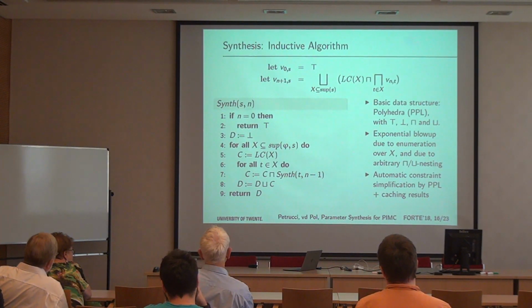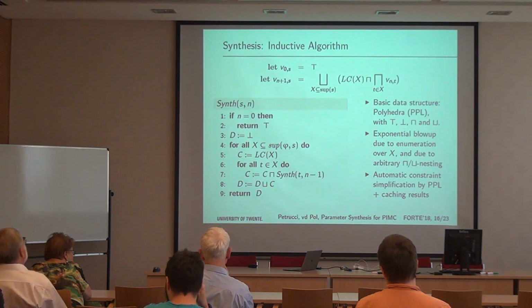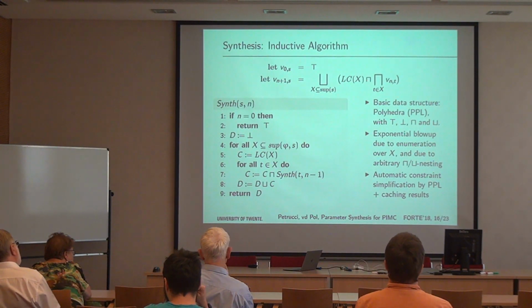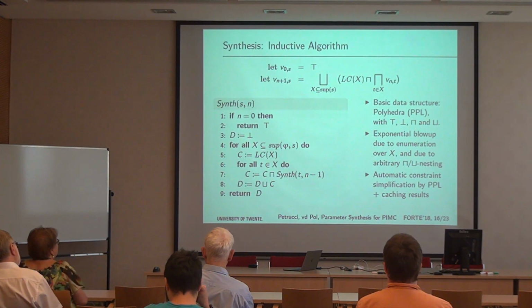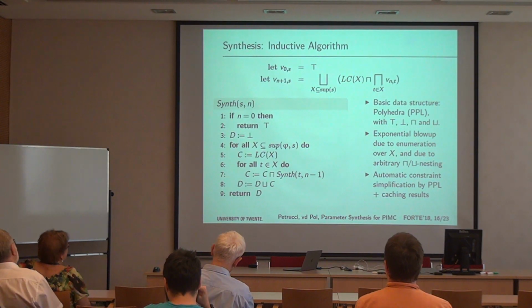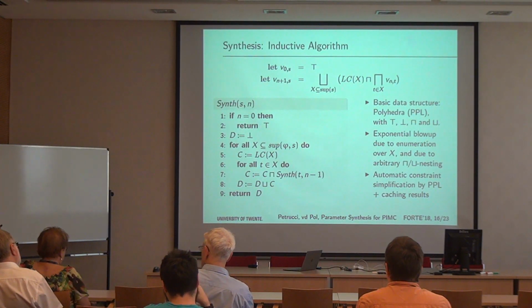And that leads to an exponential program. But in the implementation of this algorithm, PPL does automatic constraint simplification, so we don't have to care for that. And there's some caching of results that is achieved.